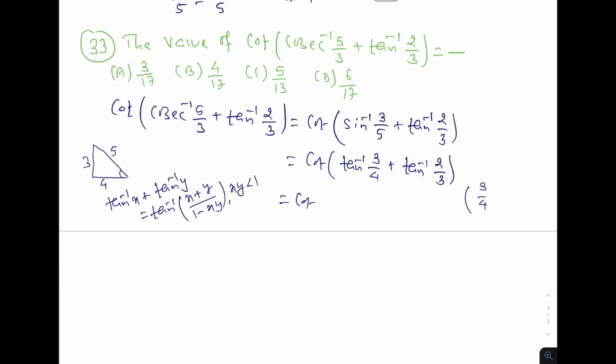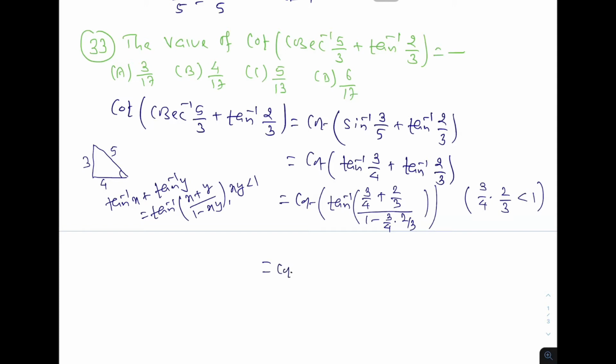And here 3 by 4 times 2 by 3 is less than 1. So that is cot of tan inverse of 3 by 4 plus 2 by 3 upon 1 minus 3 by 4 times 2 by 3.